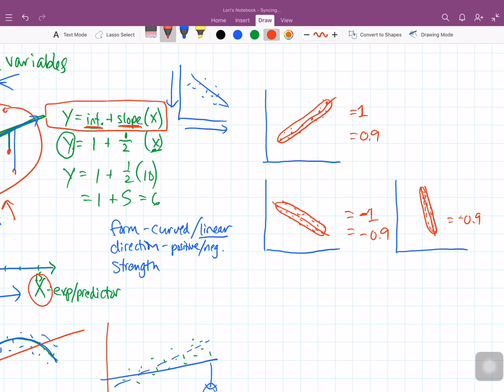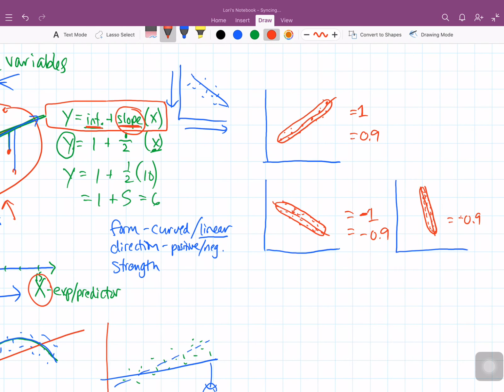So the slope is not what determines that strength of relationship. And this strength of relationship that we're describing here is called the correlation coefficient. And so that strength of the relationship has to do with how close the dots are to the line. It doesn't have to do with how steep the slope is.